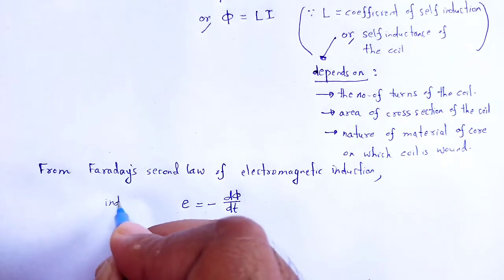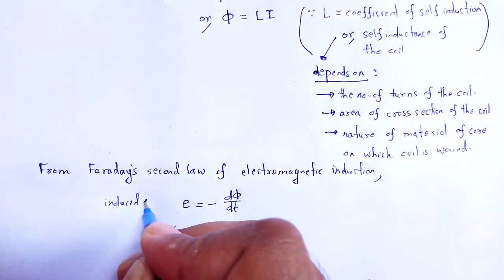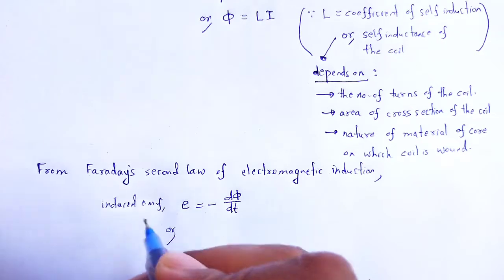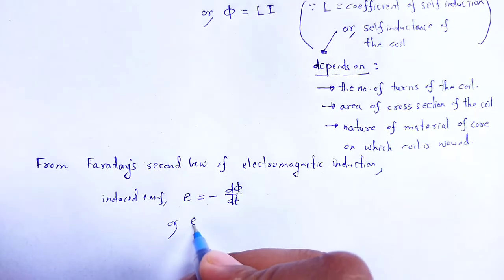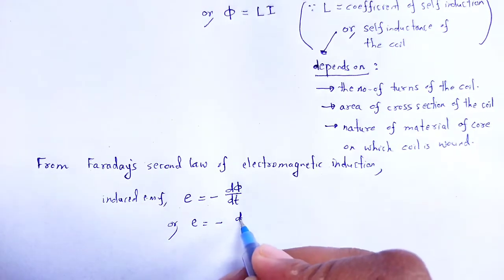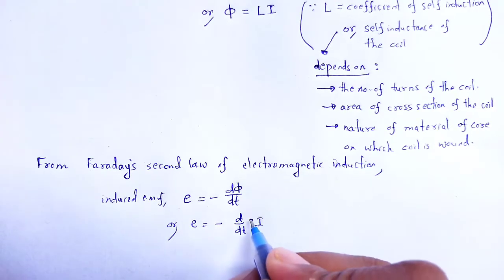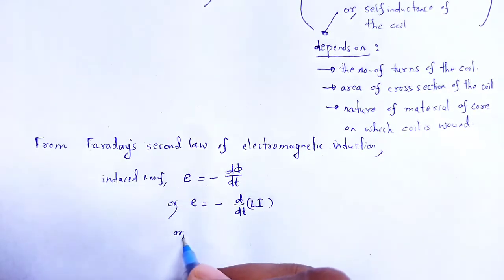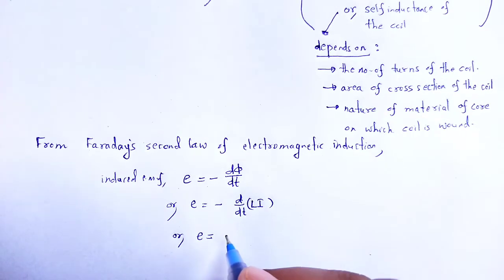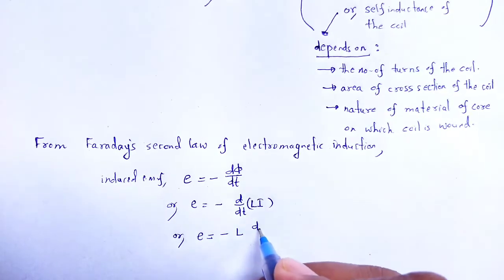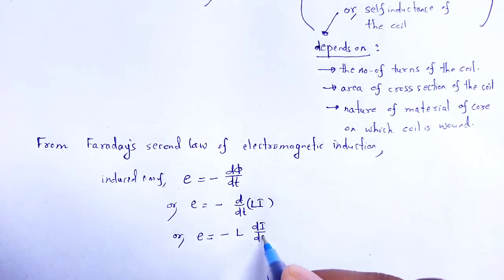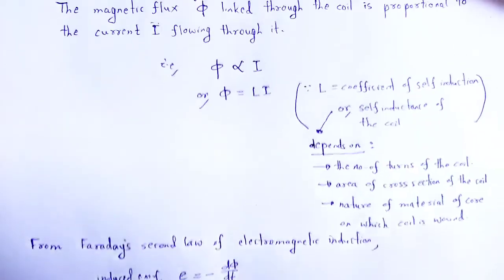That is the induced EMF, or E is equal to minus d by dt of L I, or E is equal to minus L di by dt.